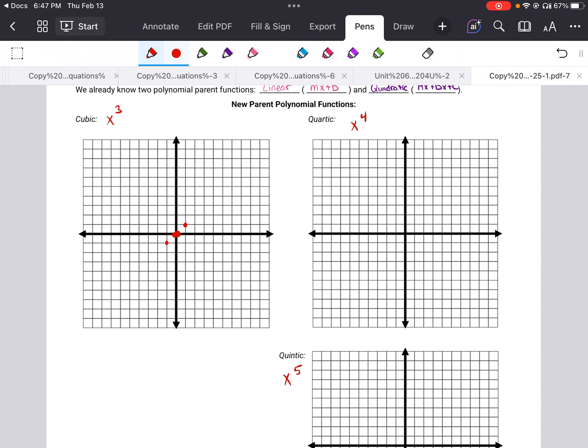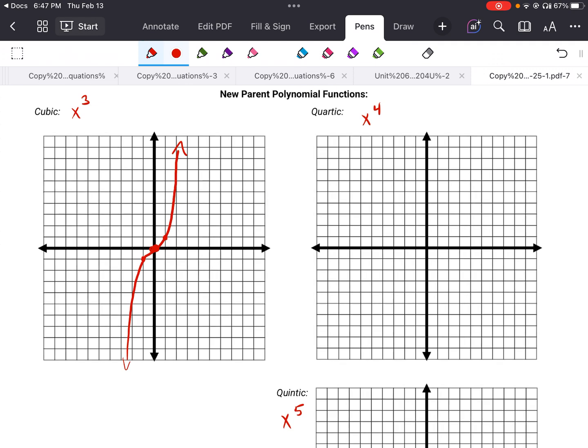And it kind of looks like linear, where it goes straight through, but has a bit of a curve. So it's going to go up like this. It's going to curve like that. Anything to the power 3 at an x-intercept will have a slight curve like that, rather than going straight through like linear.